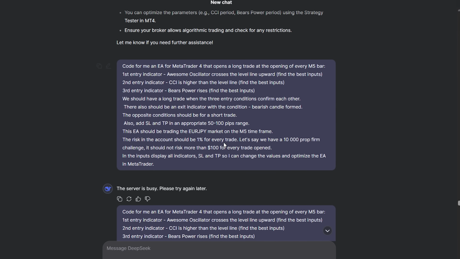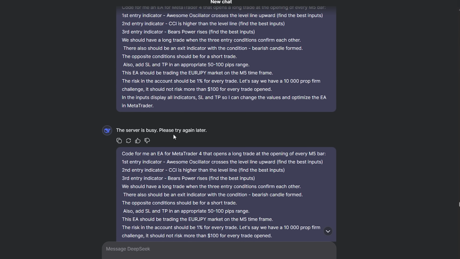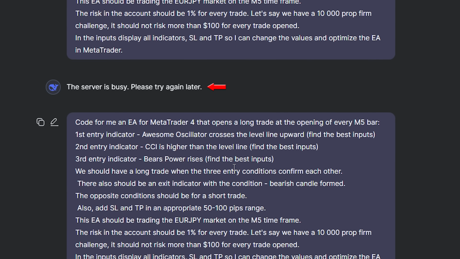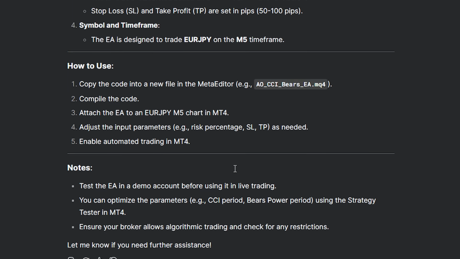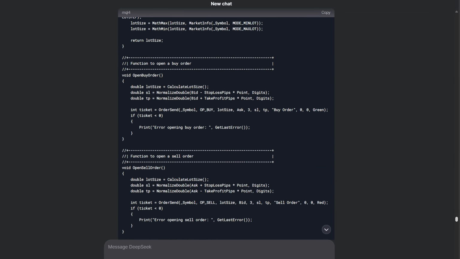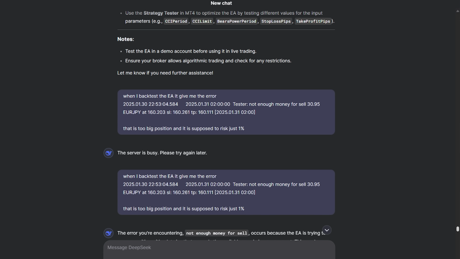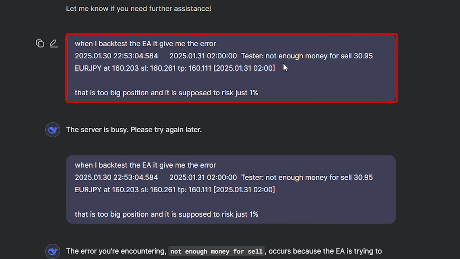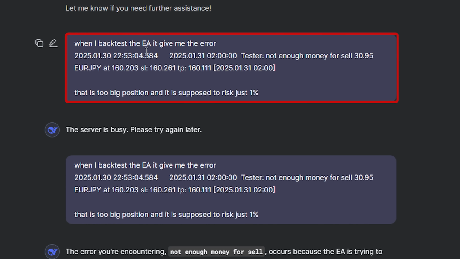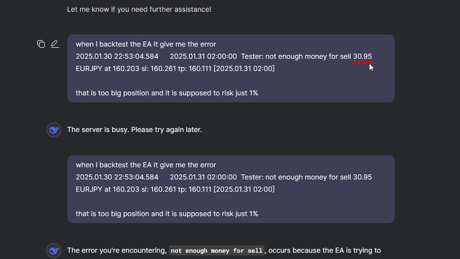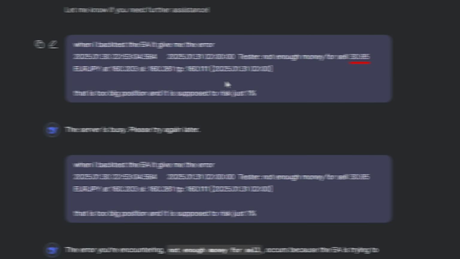The other thing I have to mention is that plenty of times the server was busy and I had to wait. Please try again later, please try again later a few times, and I tried several times. And one more thing I have to point out as a downside is actually that the first version that compiled, I got the error when backtesting the EA that there is not enough money to sell 30.95 Euro-Yen lots.